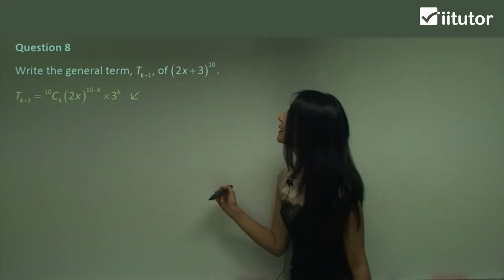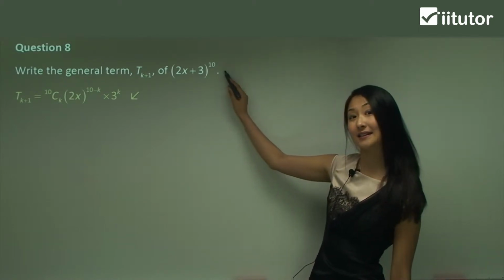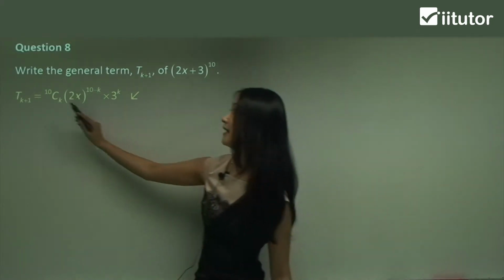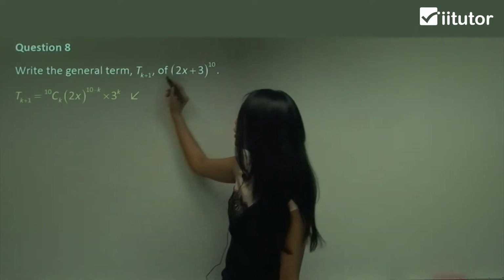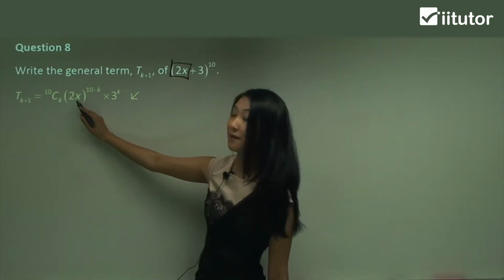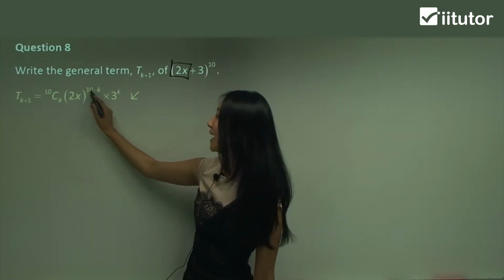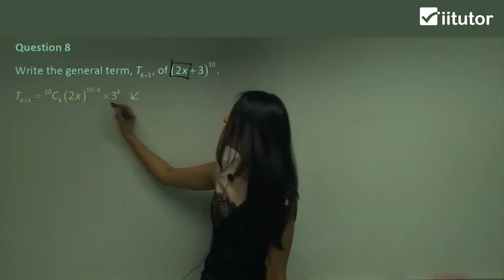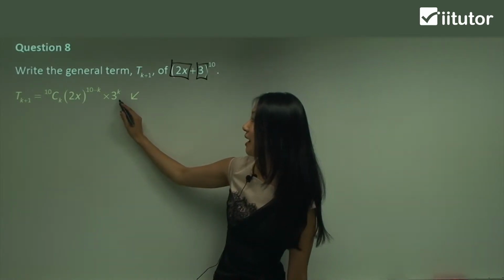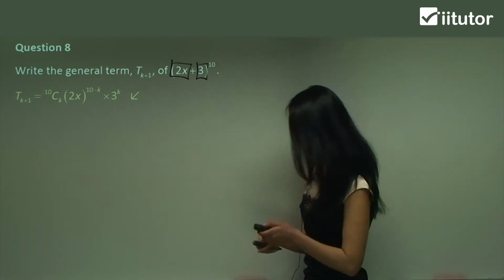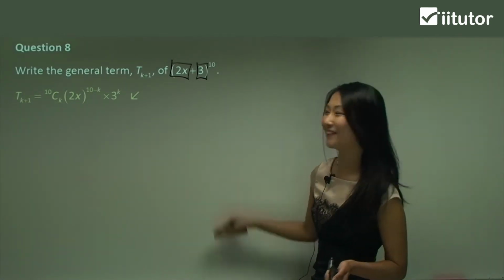It's quite simple because the index is 10, so this here is 10 as well. So it's just 10Ck. And then 2x is our first term, so we have (2x) to the power of 10 minus k. Our second term is positive 3, so it's times 3 to the power of k. And that's all you need to do for that one. It's pretty simple, right?